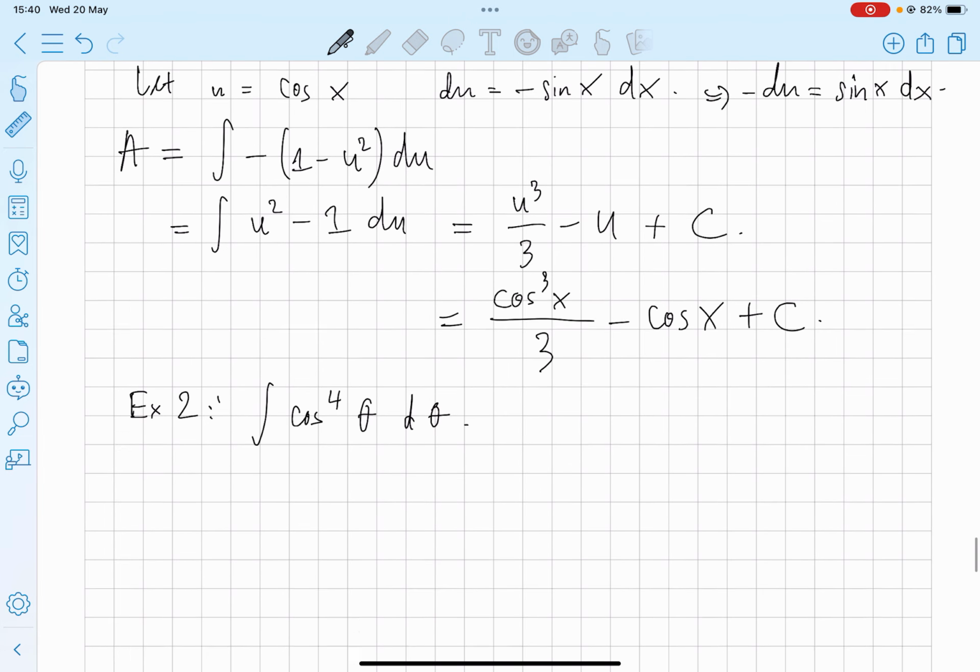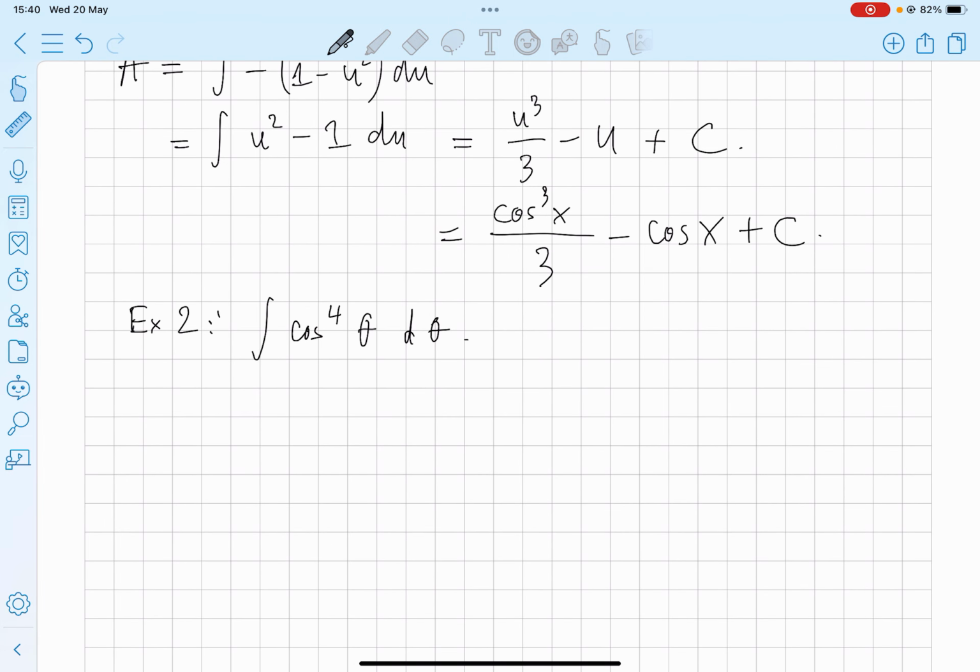Now we will recall other identities. Sine of 2x will equal what? Equal to 2 sine x multiplied by cosine of x. And another really important identity is cosine of 2x.